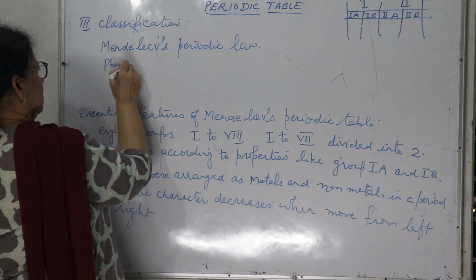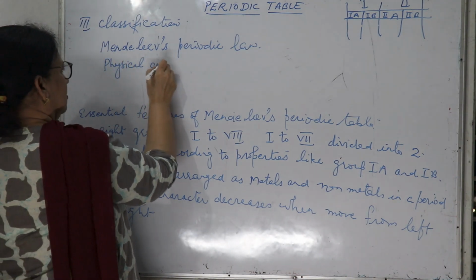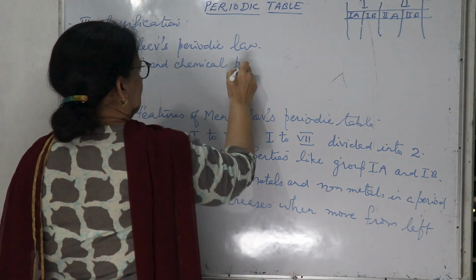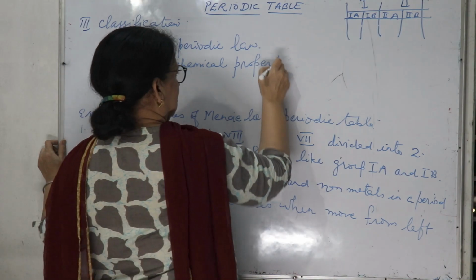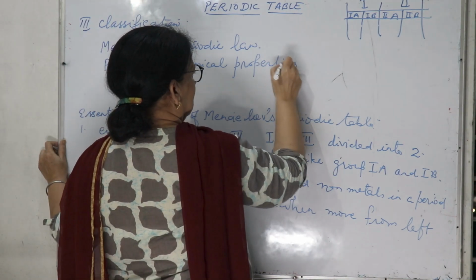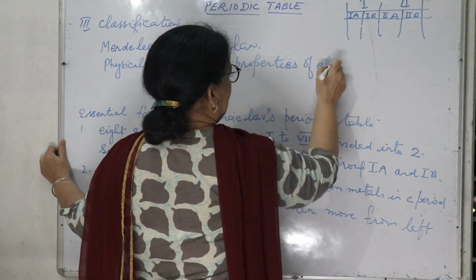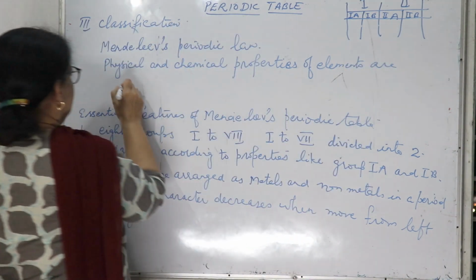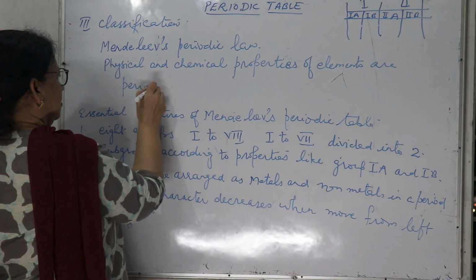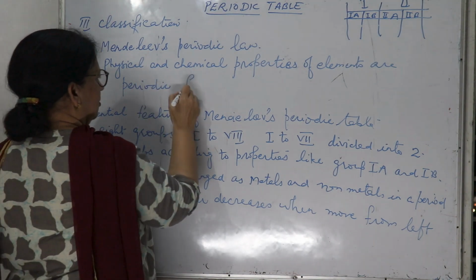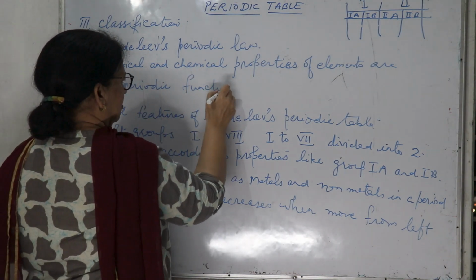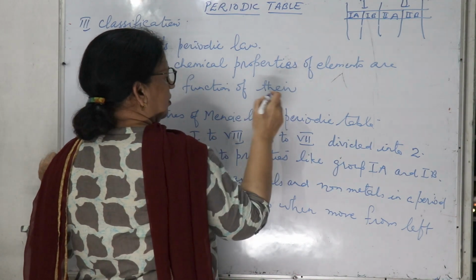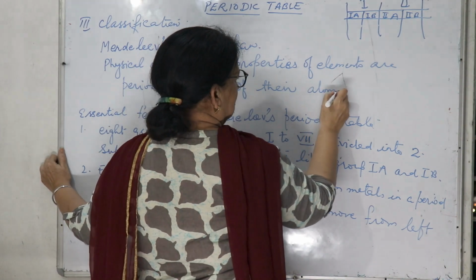Physical and chemical properties of elements are periodic function of their atomic mass.